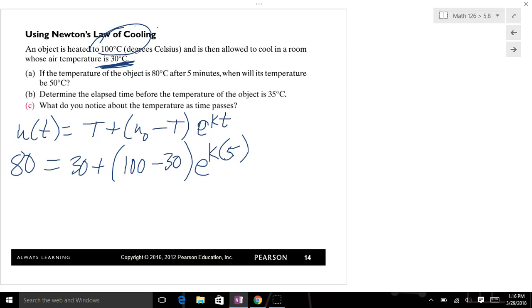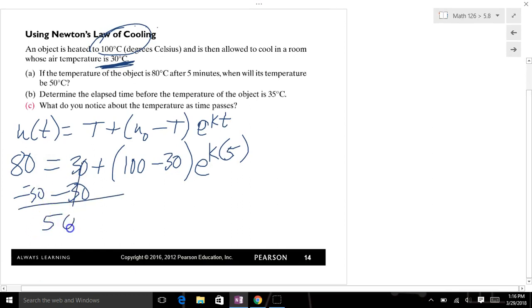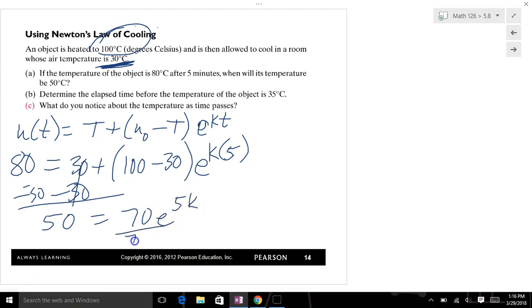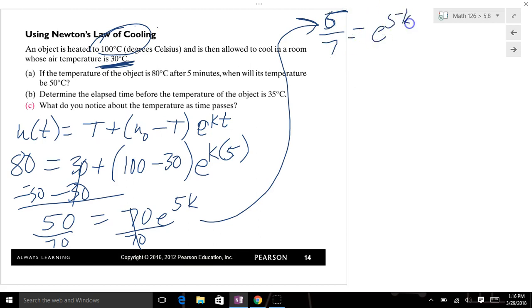Okay, so we got 80 equals 30 plus 70 e to the 5k, so let's subtract 30 both sides, so we got 50 equals 70 e to the 5k. Divide by 70 both sides, so we got 5/7 equals e to the 5k. Take the natural log: ln of e to the 5k is 5k, equals ln of 5/7.